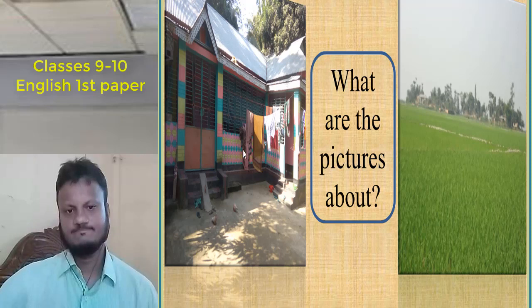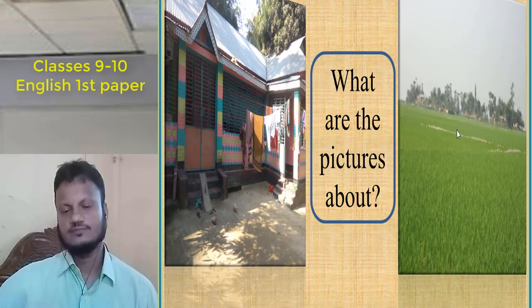Okay, I am making it easier for you. In the first picture, this is a house, and the house is used for living, and it is related to our shelter. And the picture number 2, this is a paddy land, a vast paddy land, and it is related to our food.